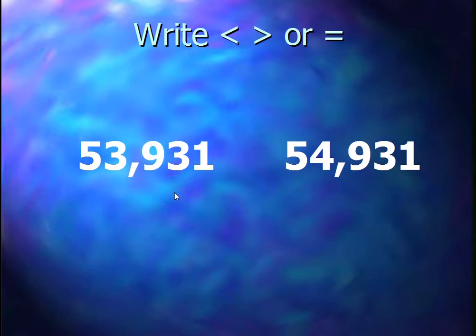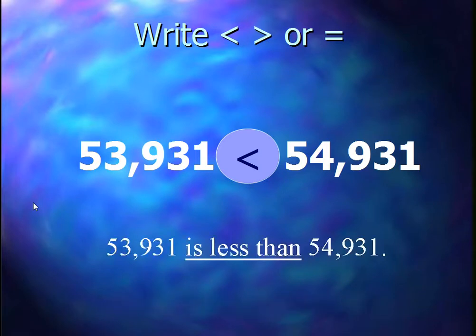So we're going to have to put the alligator facing this way, and we're then going to read it from left to right. So 53,931 is less than 54,931.